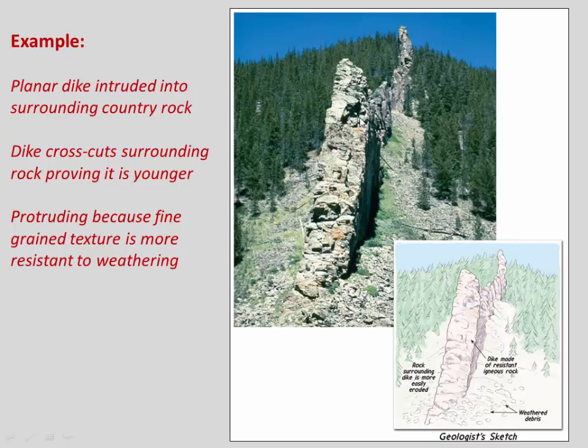Now in this case, we get this neat kind of protruding geometry here because the dike has that fine-grained igneous texture, which has made it much slower to erode than the surrounding country rock. So in this case, the kind of surface geometry we're left with that highlights the shape of the dike is really the result of differential weathering, where the dike was resistant and the surrounding rock just weathered away over time.